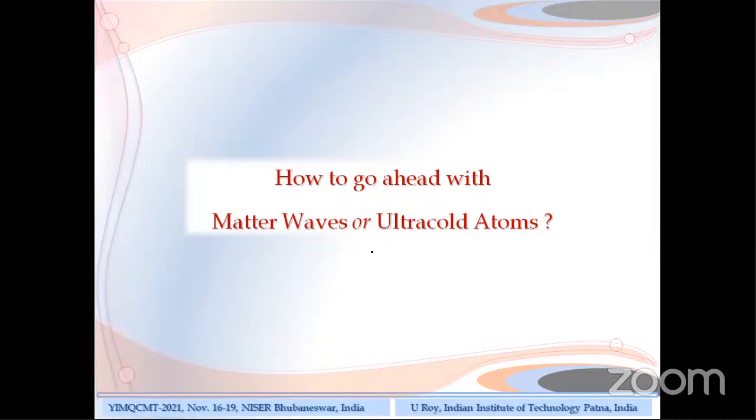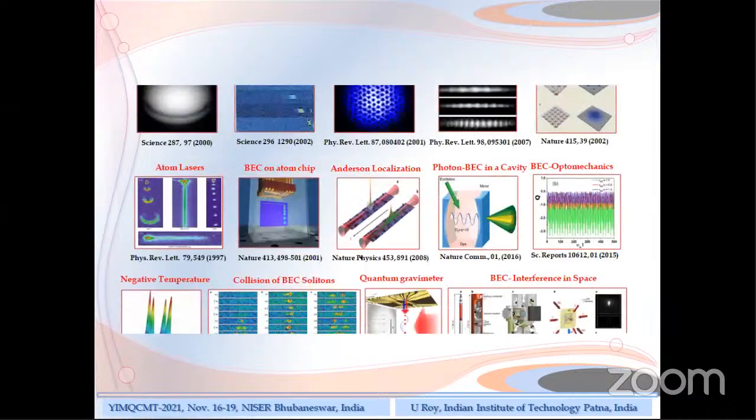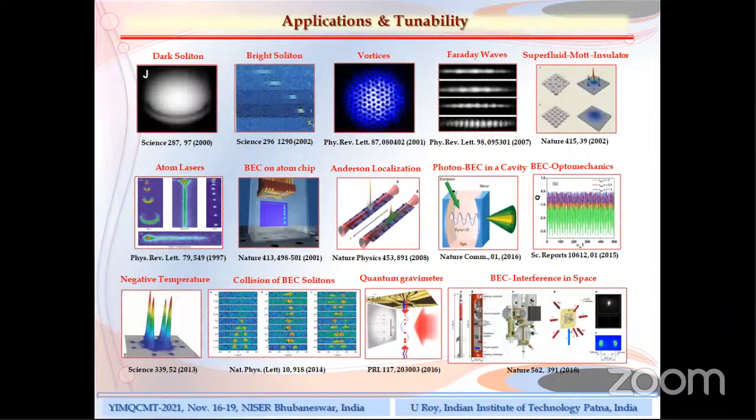That is the question we have to address here. And here I have picked up some examples. There are many more in recent times, two or three new directions, but I have not included those pictures here. The salient things I'll point out are solitons, vortices, Faraday waves, insulators and superfluid transitions, atom lasers, Anderson localization, negative absolute temperature, gravimeters, and applications in space and so on.